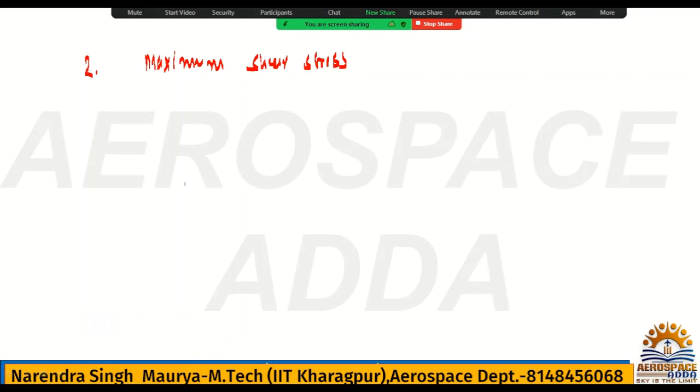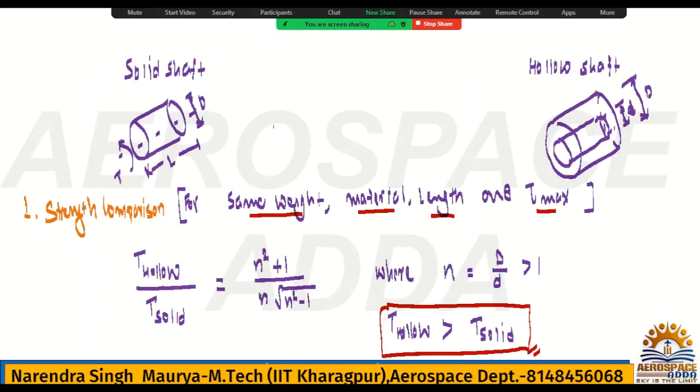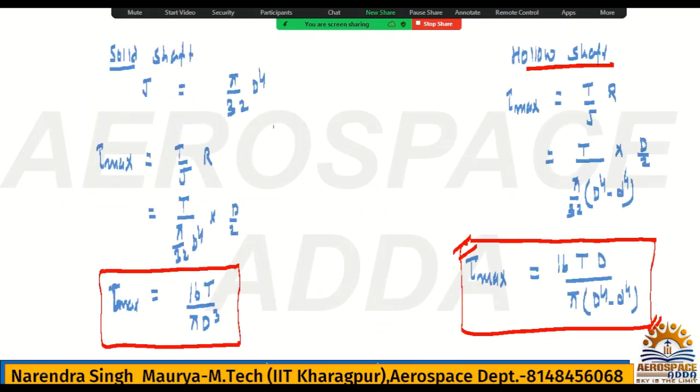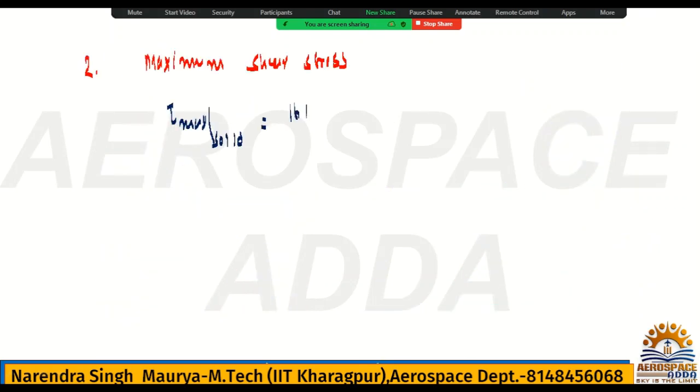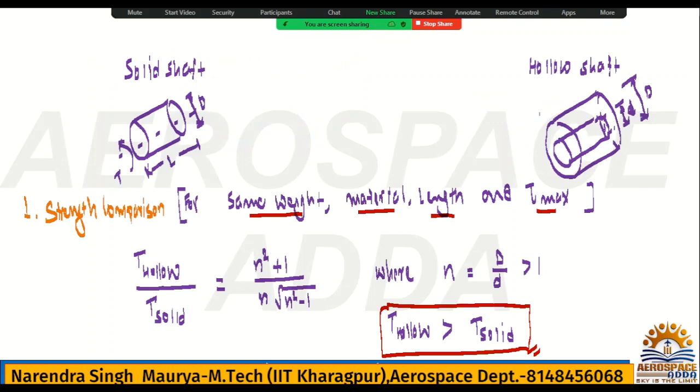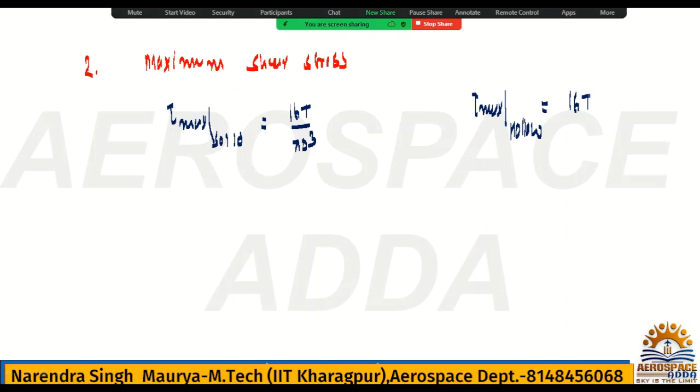Tau max for solid was 16T divided by pi d cube, and tau max for hollow was 16 T D divided by pi (D to power 4 minus d to power 4).